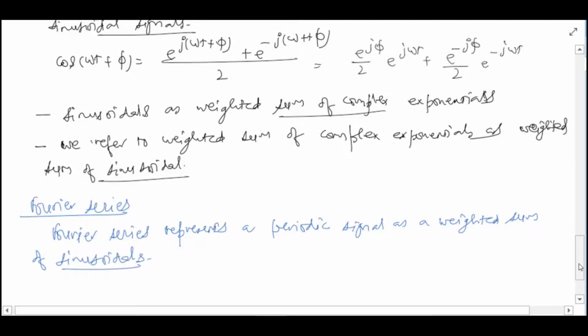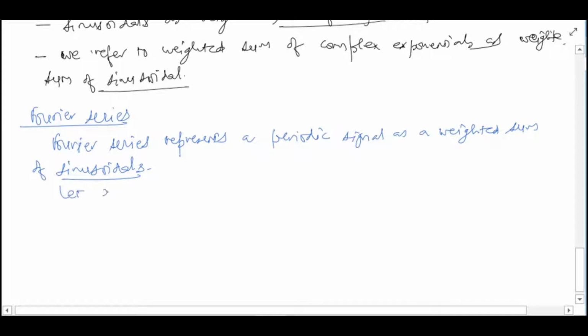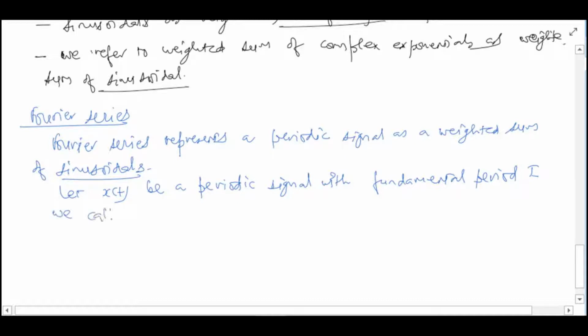In particular, let us consider x(t), a periodic signal with fundamental period capital T. In this case we call omega naught equals 2 pi by capital T the fundamental frequency of x(t).